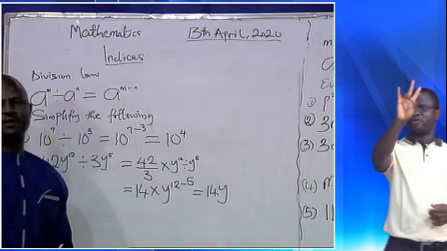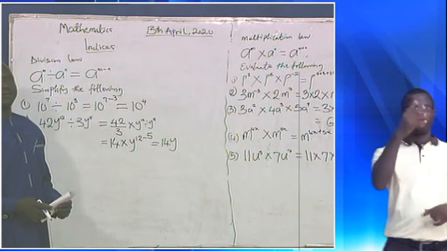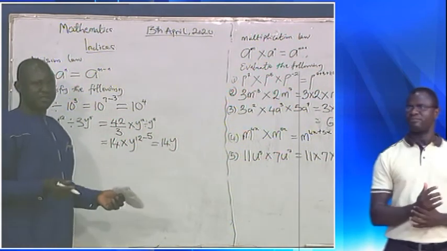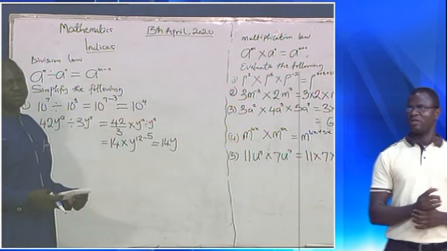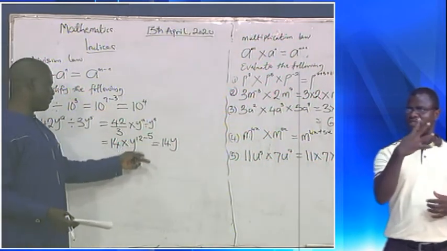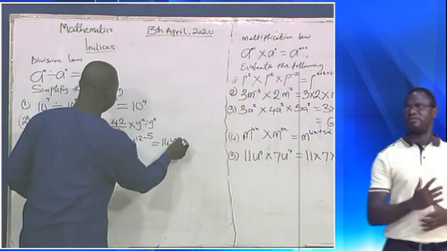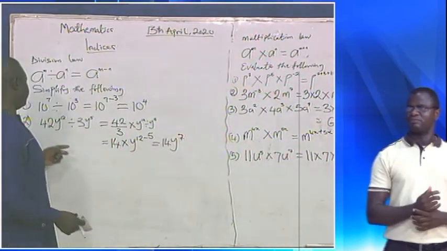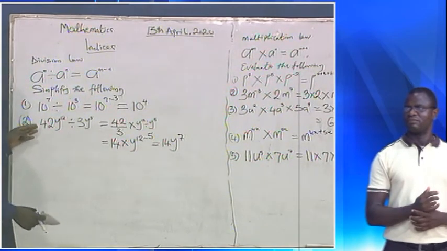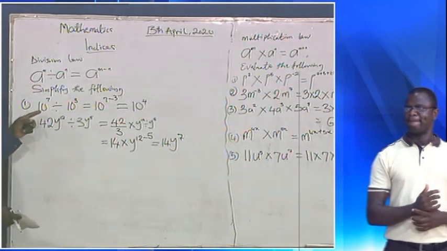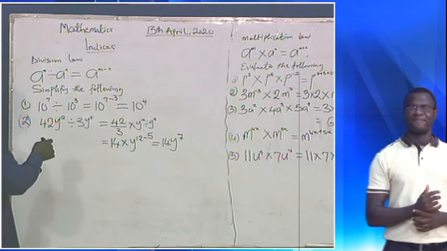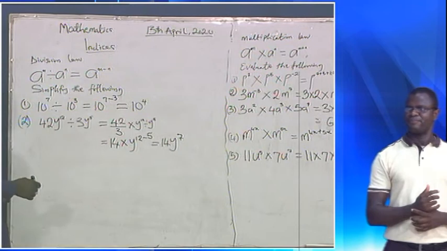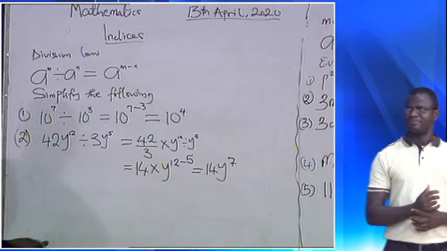For those of us that are not very fast, you can still press your calculator. But for some of us that are gurus in mathematics, you don't need to. So 12 minus 5 will end up giving us 7. So the end result of this particular question, which says 42y raised to power 12 divided by 3y raised to power 5, is 14y raised to power of 7.